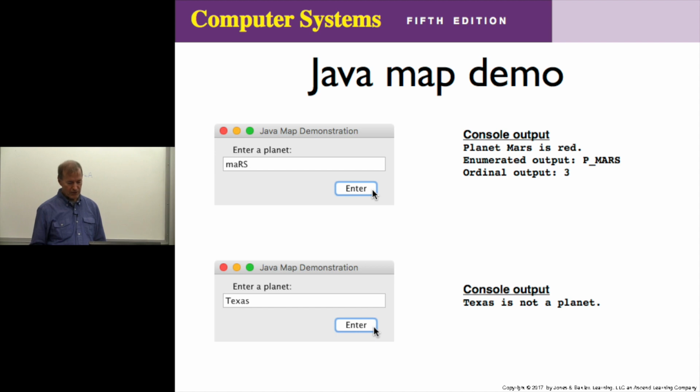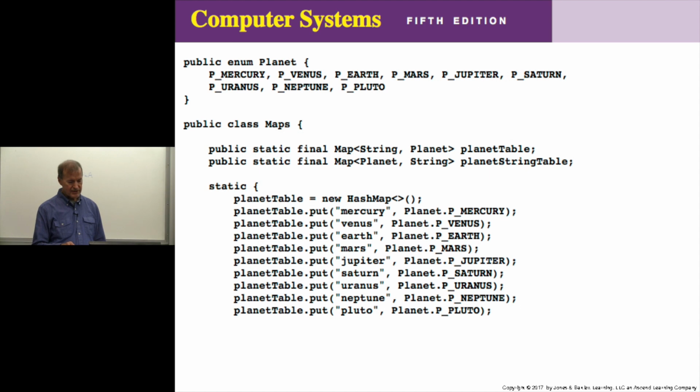If you start with Mercury at 0, Venus 1, Earth 2, Mars is 3. So it's in order starting at 0. That's the ordinal value. It also has the ability to echo the enumerated output, so that P underscore Mars. So that defines the enum.